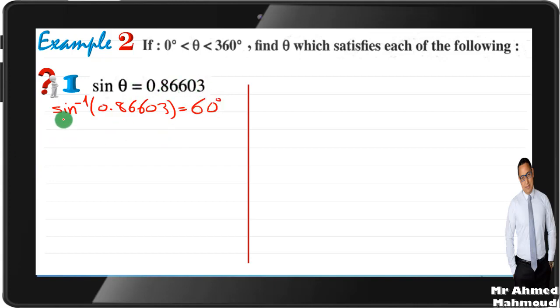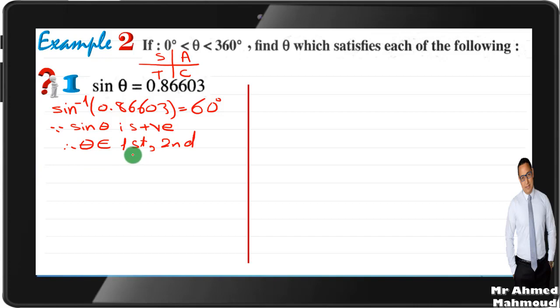Now since sine theta is positive, therefore theta belongs to the first and the second quads by using the ASTC rule. I will remind you the rule: all, sine, tan, cosine.